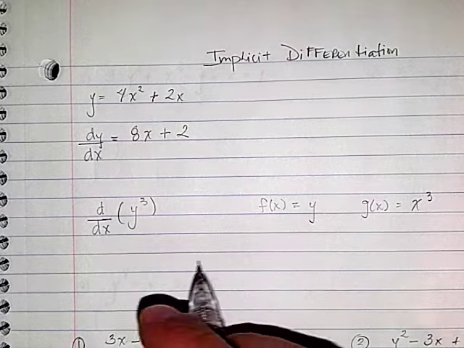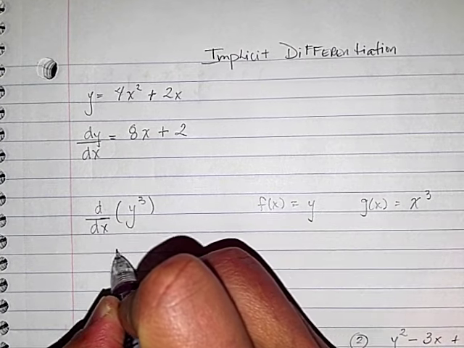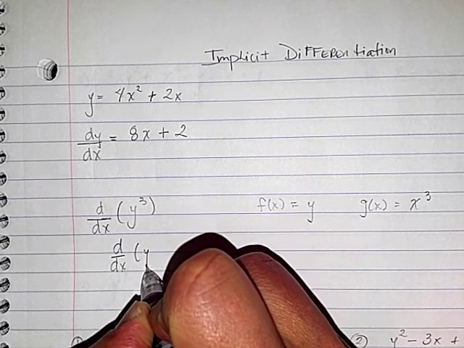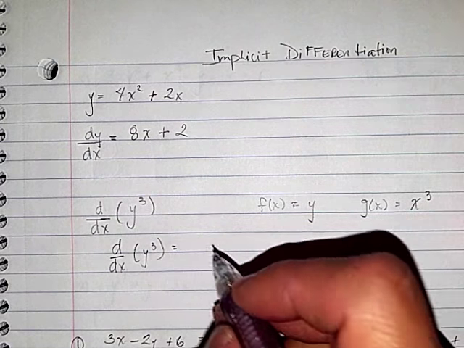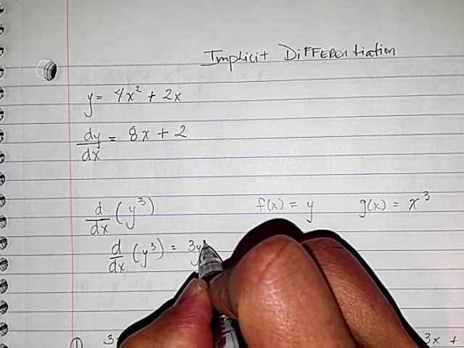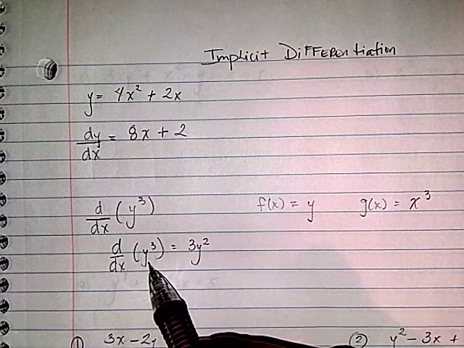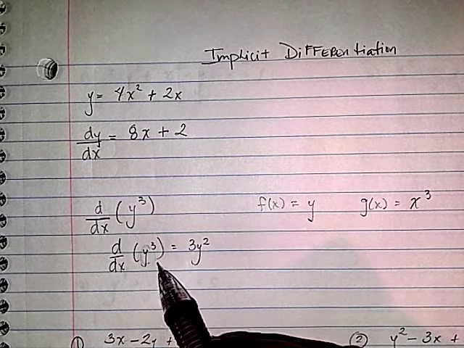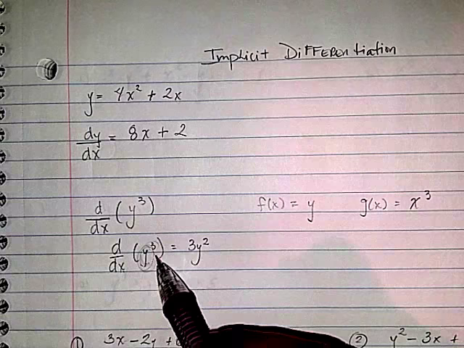So what we have to do is take the derivative, and the way we write it is d dx of y cubed. We take the derivative of y cubed, which is 3y squared. But because it's a y, and there's the other function inside, this is with respect to x, this is with y.